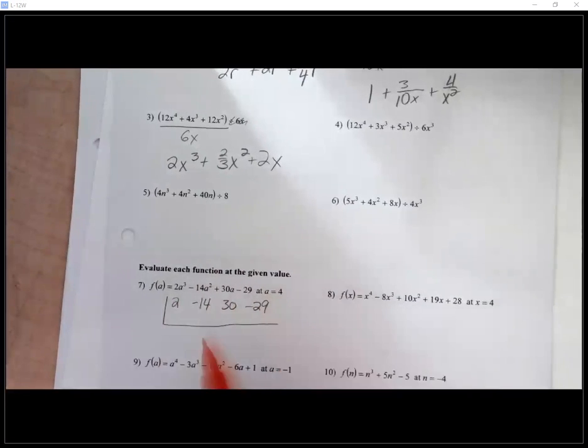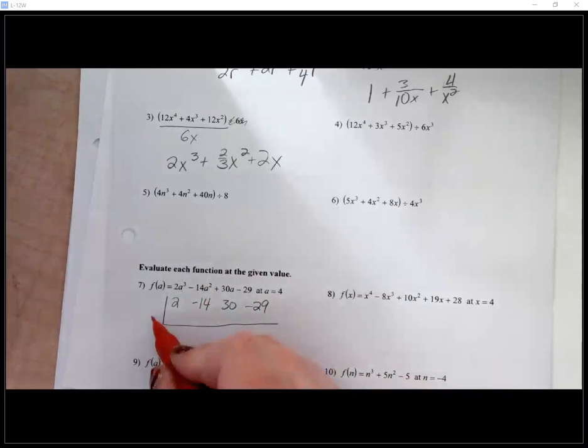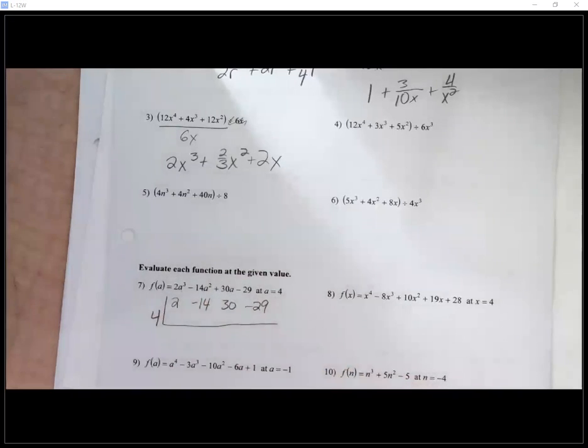3, 2, 1, none. Okay, not missing any degrees. And what do I plug in? When it's written like this, what am I actually plugging in over here? Yeah, I really plug in 4. The only time I do the opposite is when they give me a factor, like x minus 3. But they didn't give that here. They just gave me, what's the value at 4? So I plug in 4. And now I just do my stuff.